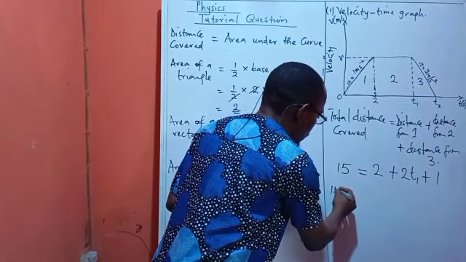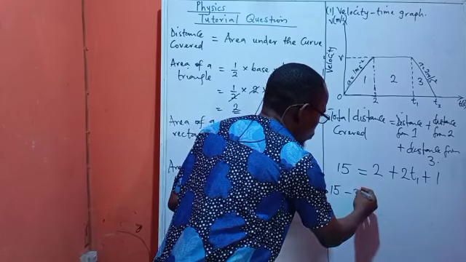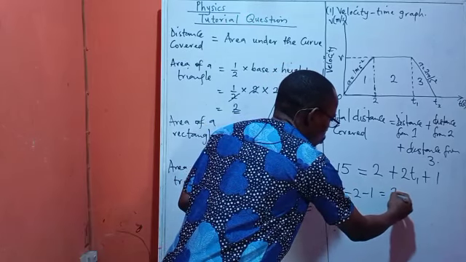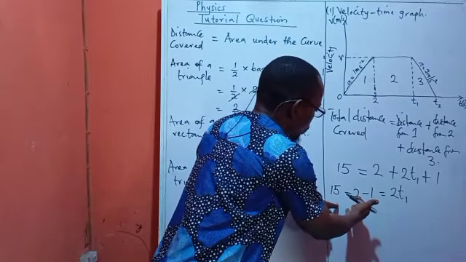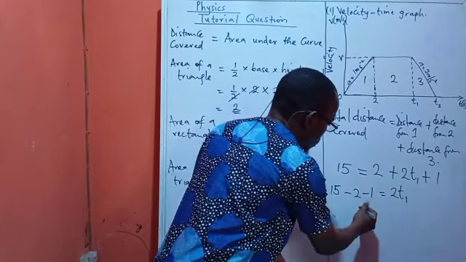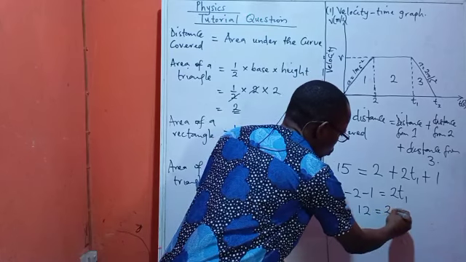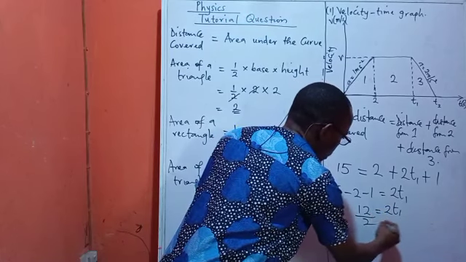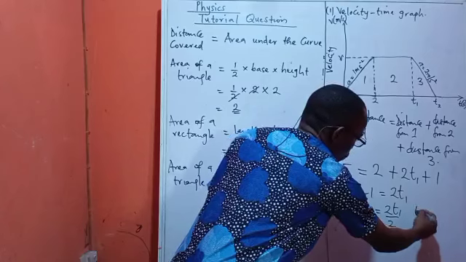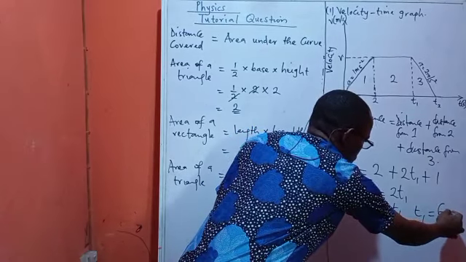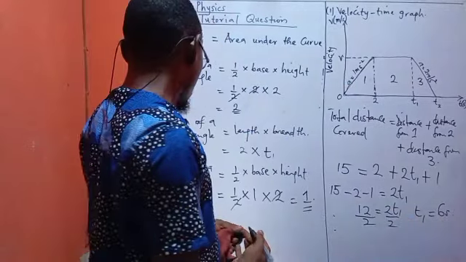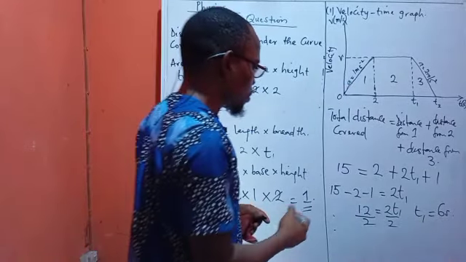We'll be having 15 minus 2 minus 1 equals 2t1. So 15 minus 2 is 13, 13 minus 1 is 12, equals 2t1. So divide both sides by 2. So t1 equals 6 seconds.